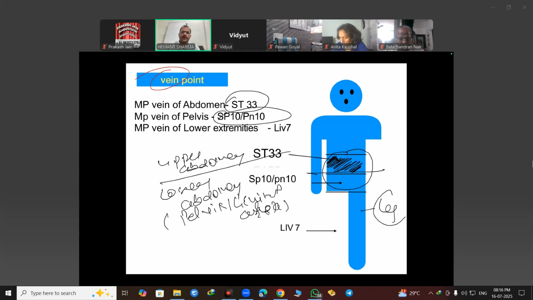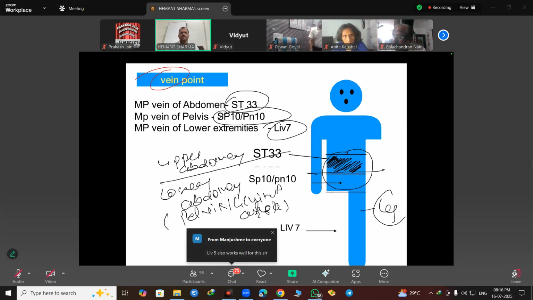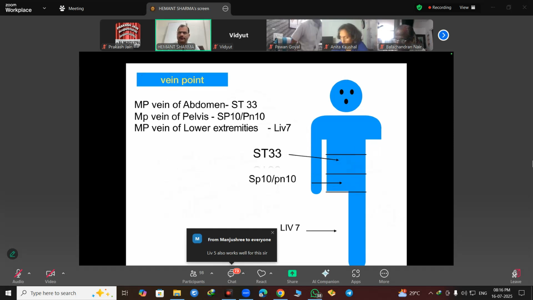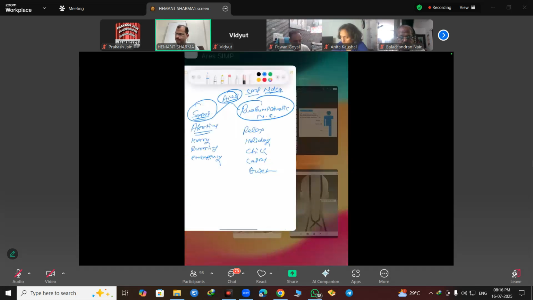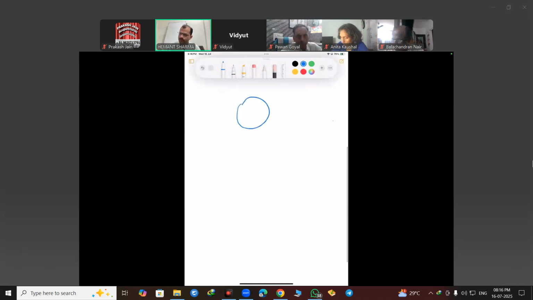If there is any problem in the legs, like varicose veins and other problem, use liver 7. ये 3 पॉइंट अब हम डिस्कस करने वाले हैं. ओके, स्टमक 33, स्प्लीन 10 एंड लिवर 7. Let's see here. तो चलिए पहले हम एक ह्यूमन की इमेज बनाते हैं.